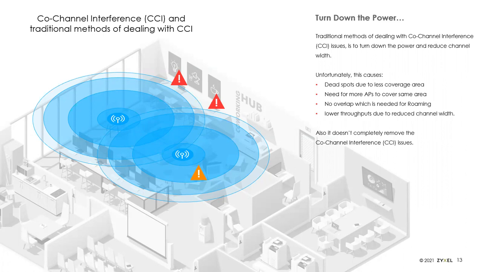The downside is, as you're lowering the power of the access point, you're worsening the signal to noise ratio for your client devices. So they may not be able to connect at as fast of speeds as they would if you had your access points operating at full power. So you're sort of trading off signal to noise ratio for co-channel interference.